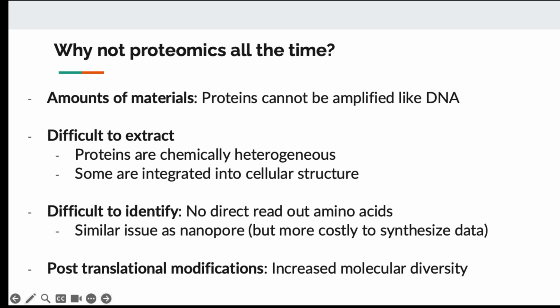And all the post-translational modifications can change the mass of the protein. So even if you have the same amino acid sequence, if you have some change in PTM, the mass will change, and the data will look different on the mass spectrometry. So you have even more diversity of protein molecules, not just from the sequence, but also from the modification.